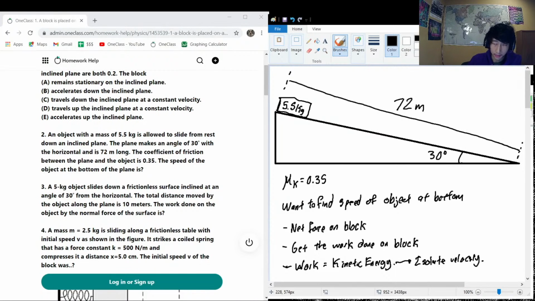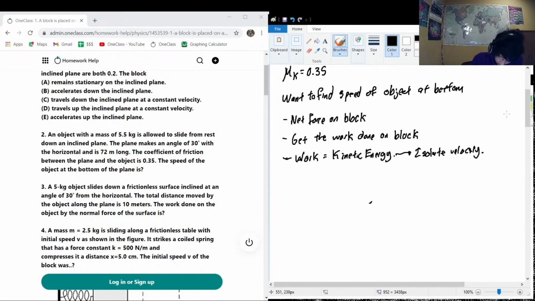We definitely want to set up our coordinates so that they are parallel to the slope itself. So let's say this is the positive x direction and this is the y direction. Okay, let's make a free body diagram of the block. We can just make it a point here.